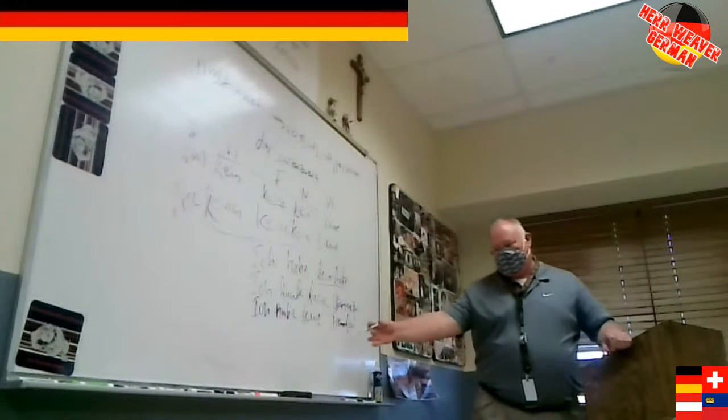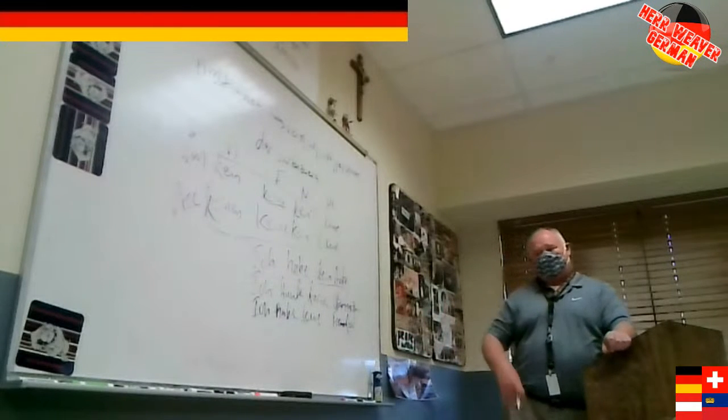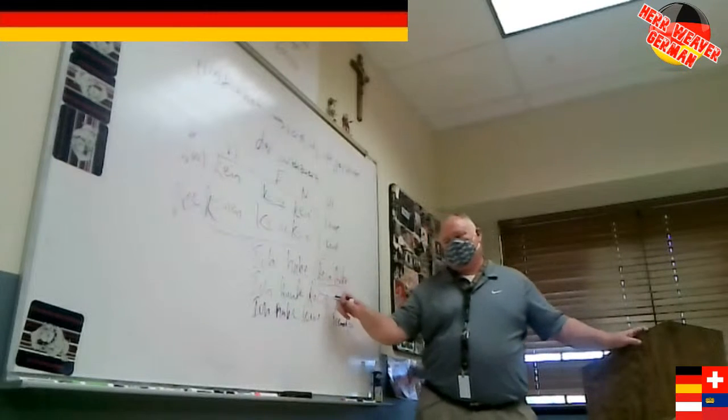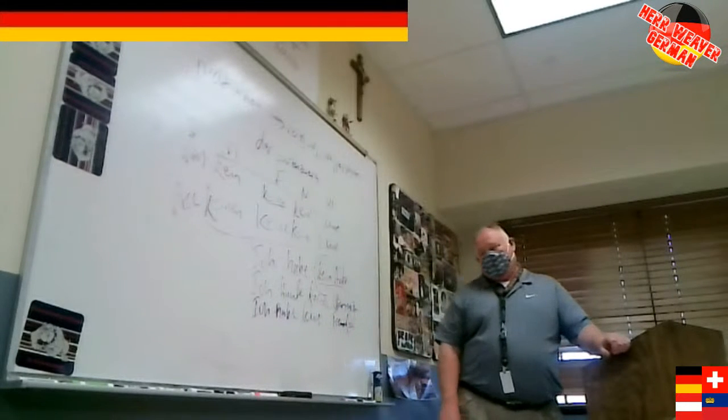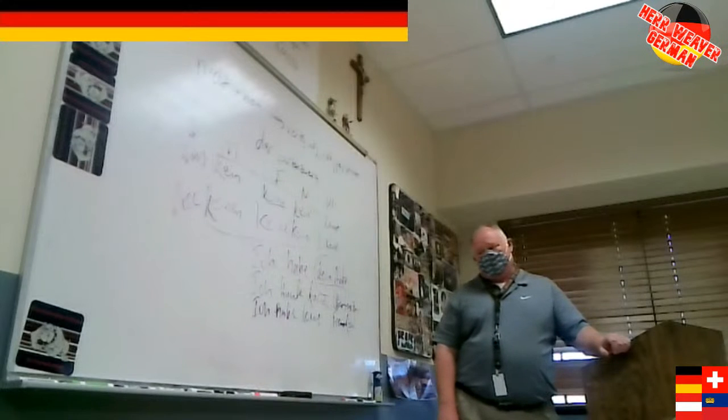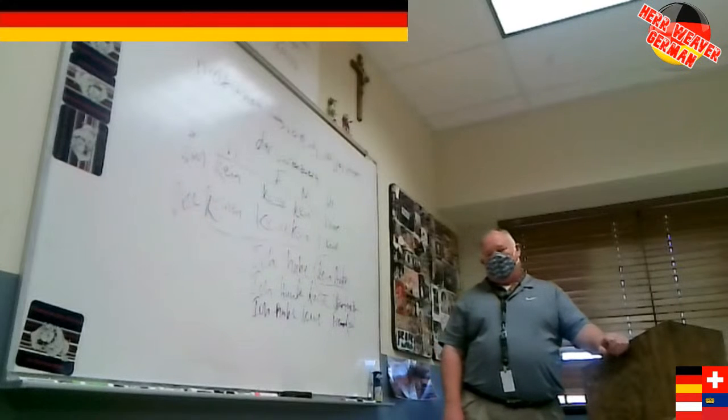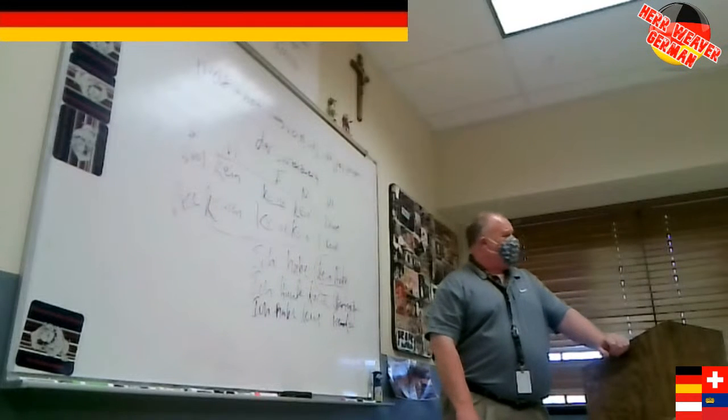Ich habe einen Gartenzwerg. Ich habe keinen Gartenzwerg. Ich habe ein Auto. Ich habe kein Auto. I have one. I don't have one. I have a Gartenzwerg. I don't have a garden gnome. Sorry. Hard to speak German and English at the same time. I have a girlfriend. We would say I don't have, right? Would you ever say I have no girlfriend?